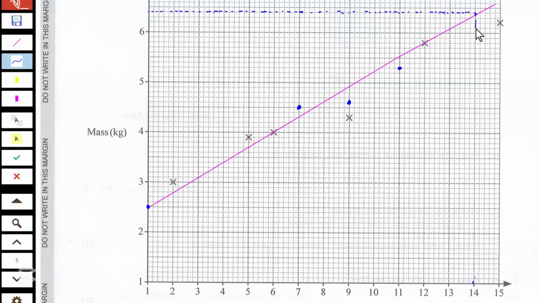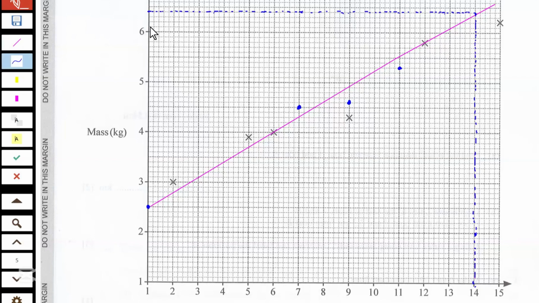So let's trace for 14 on the x-axis. Okay, now 14 weeks old, trace it to the line. So where it intersects the line, you can now trace it to the y-axis and take your reading from the y-axis.